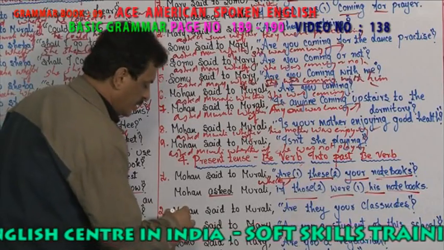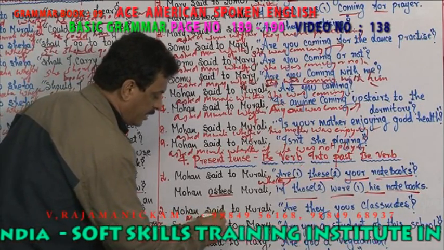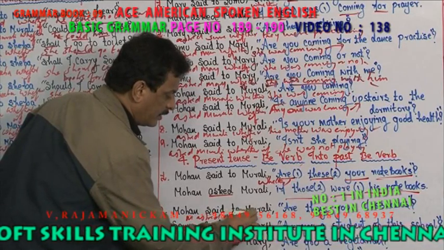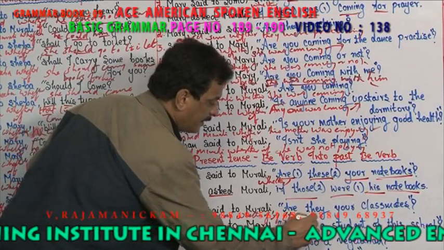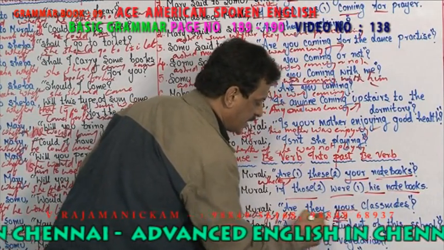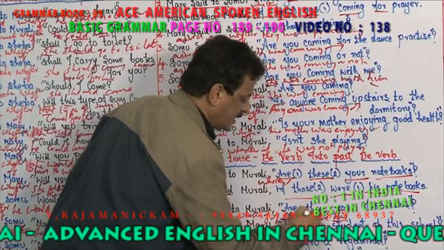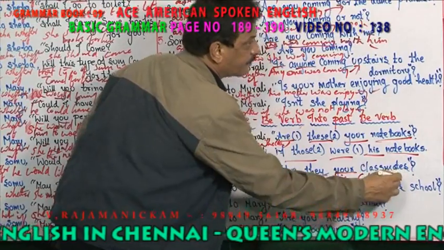How do you change? Mohan asked Murali whether or if they were his classmates. Your classmates changes into his classmates. They are changes into they were, right?